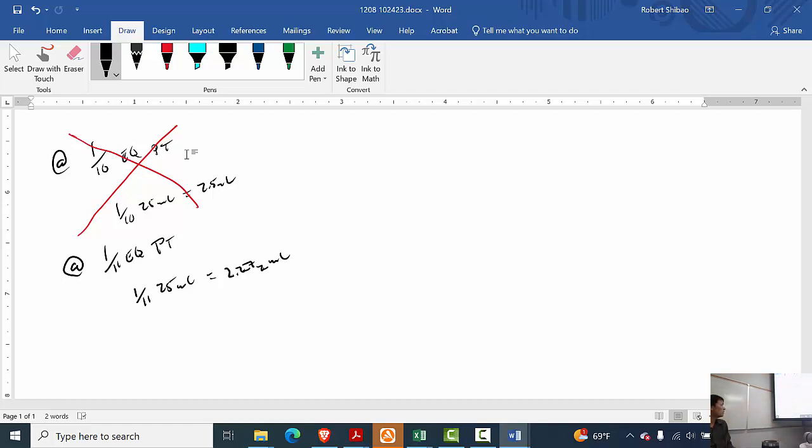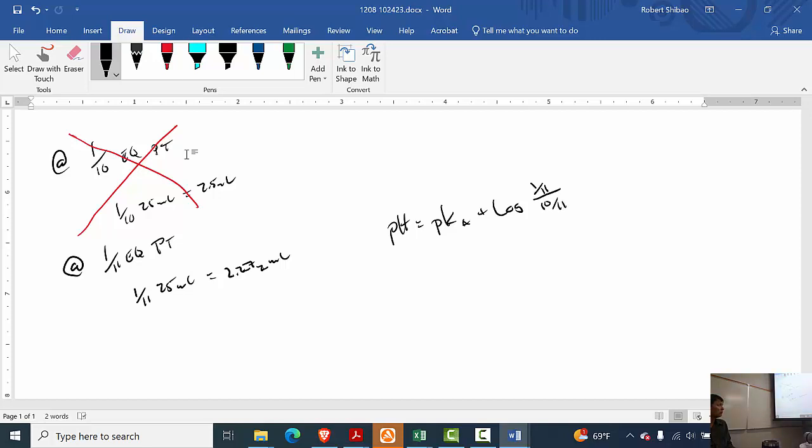If I'm at the 1/11th, I've only neutralized 1/11th, so I'm going to go straight to the Henderson-Hasselbalch. I'm going to use the shortcut method. This is going to be pKa plus the log of how much of the acid I have neutralized. I've only neutralized 1/11th out of my 25 milliliters. That means how much do I have left over? I have 10/11ths left over.